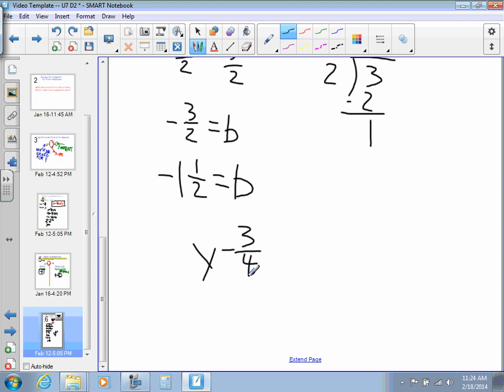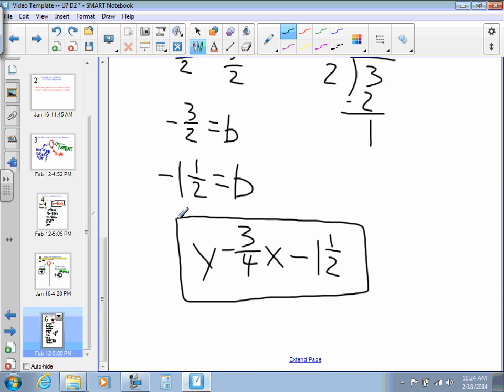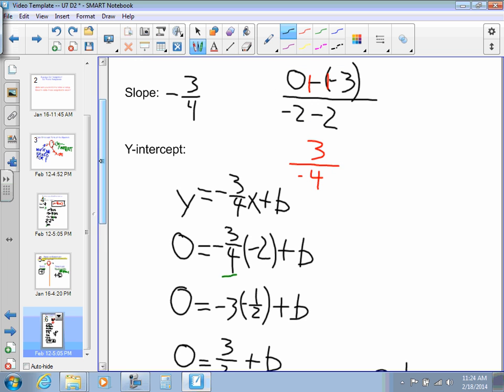That's my slope. Minus 1 and 1/2. Although you could put minus 3 over 2, and that would work as well. And I didn't put it in, so let me go back and put my y-intercept in here, and it was negative 1 and 1/2.